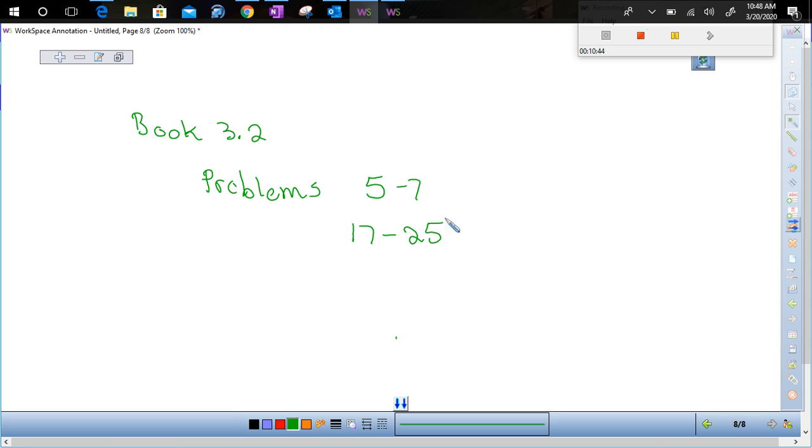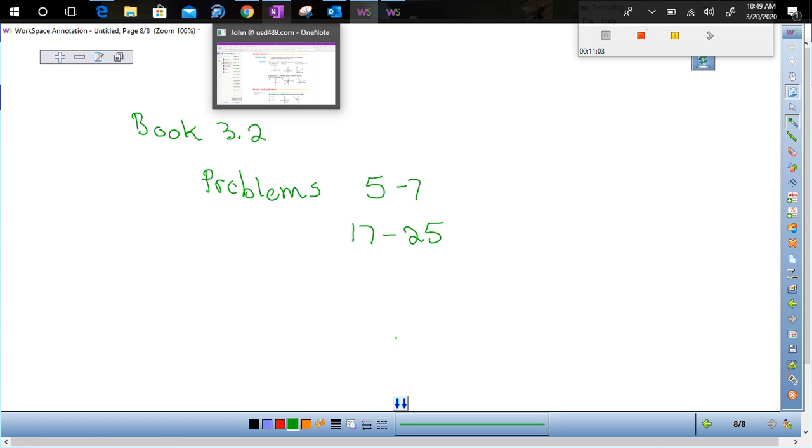Now you can just work these out on a sheet of paper, take a picture of it, and send it to me. But really, what I'd rather have you do is work them out in OneNote, and then save that as a PDF and get that to me, which would be the best way to do it.